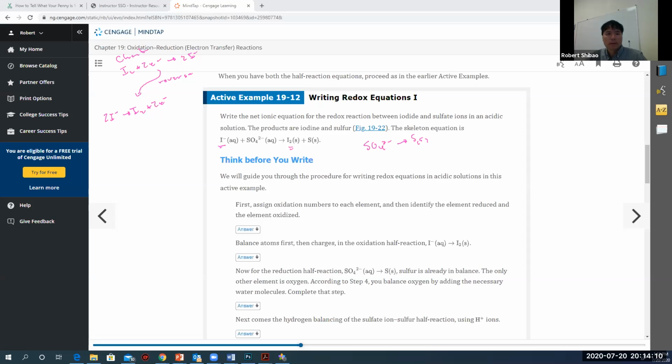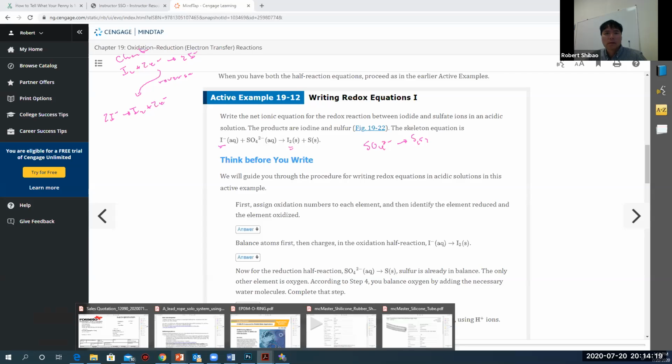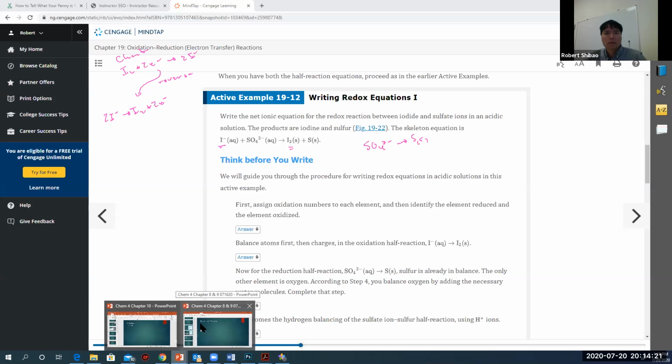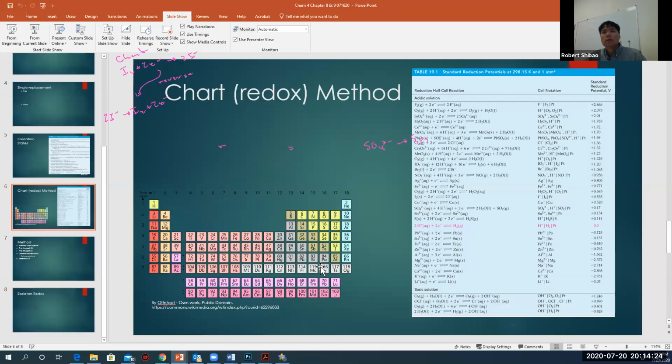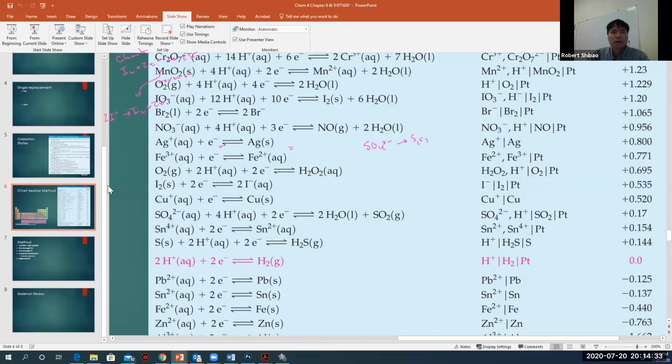When I look at sulfate on the chart, sulfate acting as the oxidizer in this reaction is not going to elemental sulfur. The sulfate is going to sulfur dioxide. Under different conditions, we'll form different products.